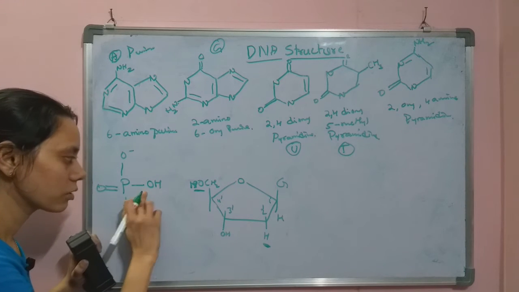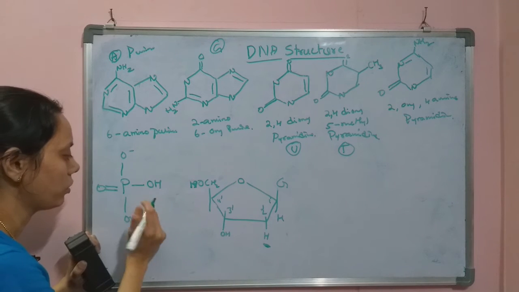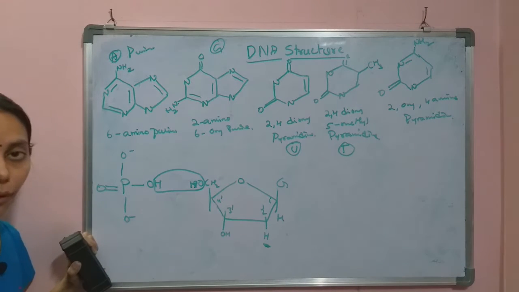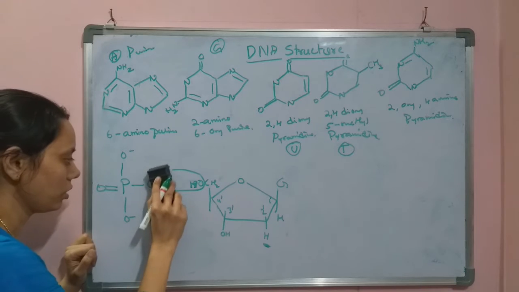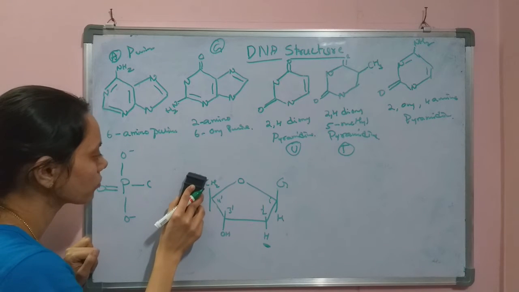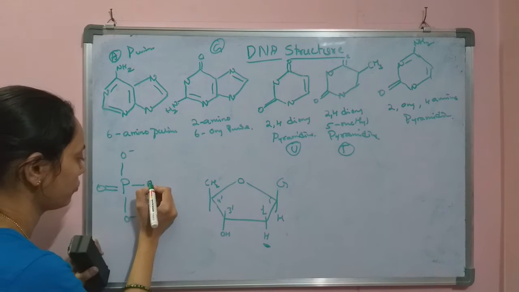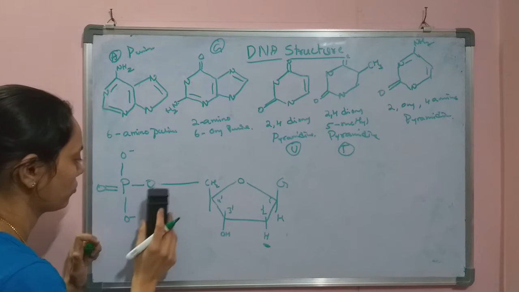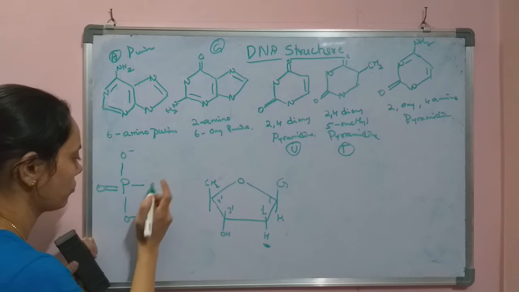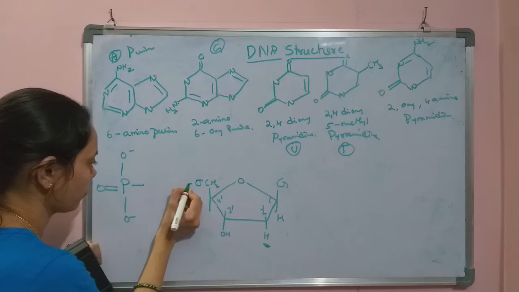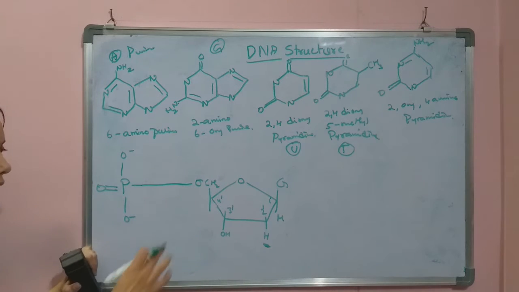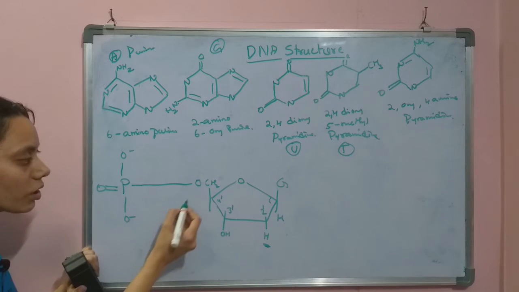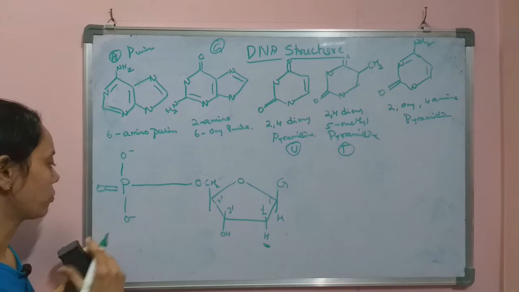Between these hydroxyl groups the bond will be formed, which means one molecule of water will be lost, and like this the bond will be formed between the sugar and the phosphate group.